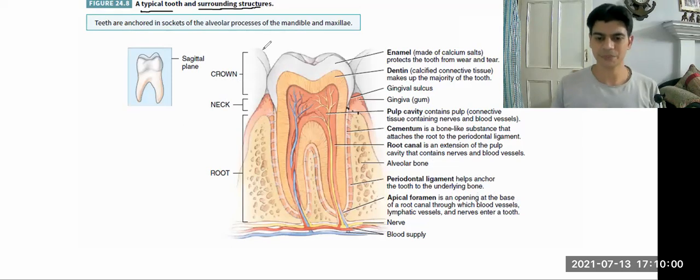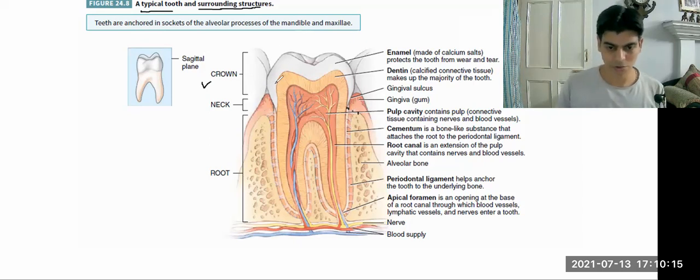If you see this diagram, you have three major sections of a tooth. First is the crown, which is the visible part of the tooth above the gum. The second is the neck, which is the junction of the crown and the root. The root is embedded in the socket, and the socket is present on the jawbone, maxilla and mandible.